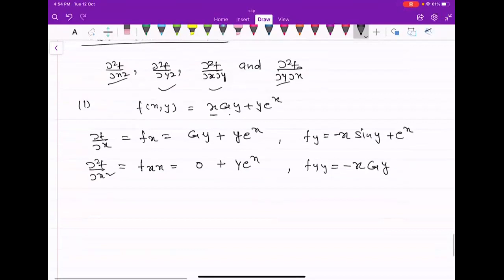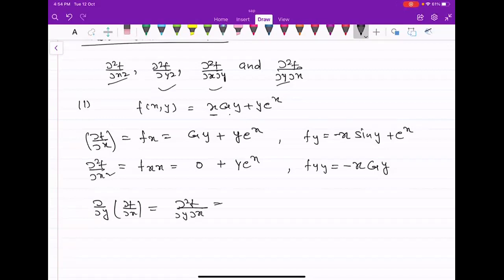Okay. Now if you are computing del 2f over del y del x, we already have fx, so we are differentiating it again with respect to y. Del over del y of del f over del x. So whatever we have in fx, we are differentiating with respect to y: minus sin y plus e raised to power x.